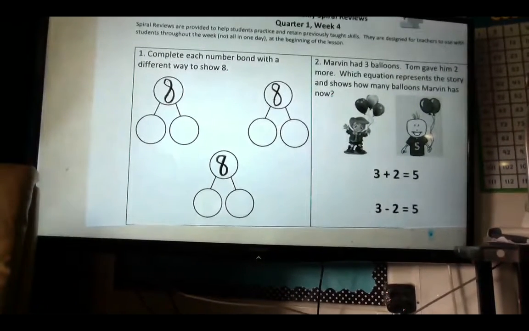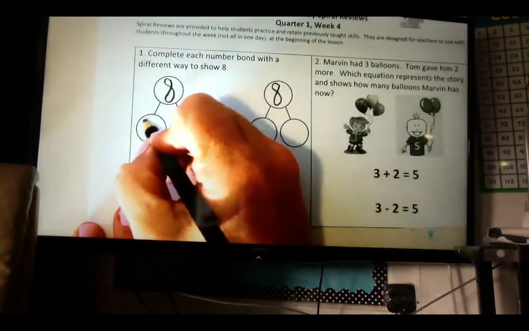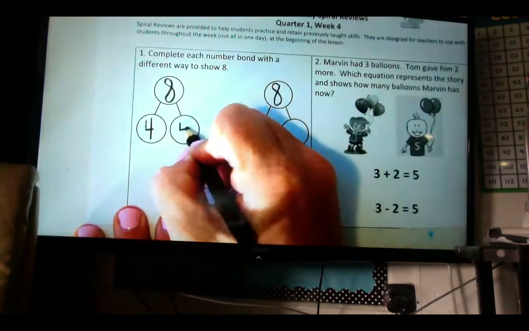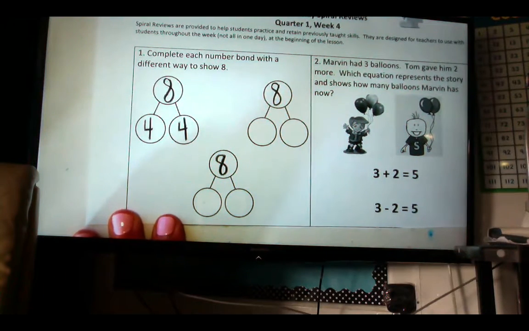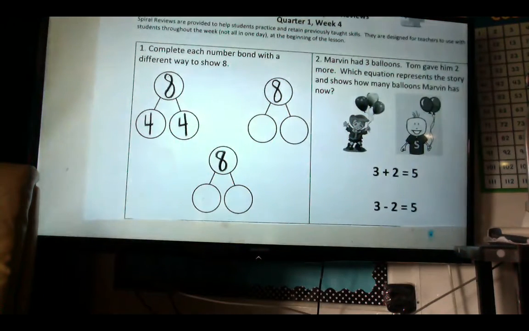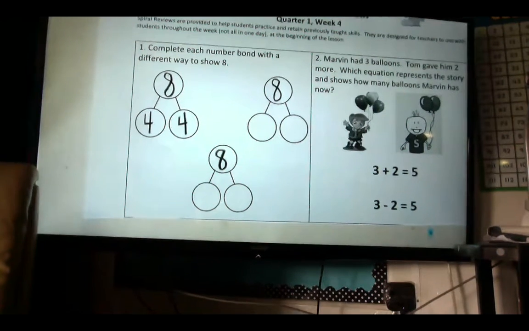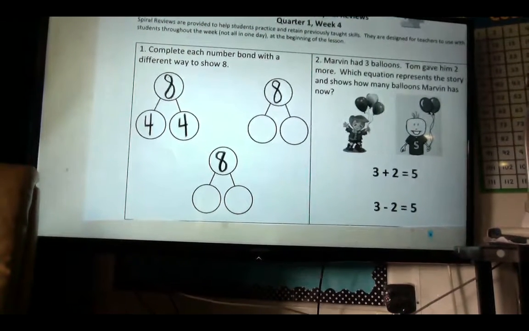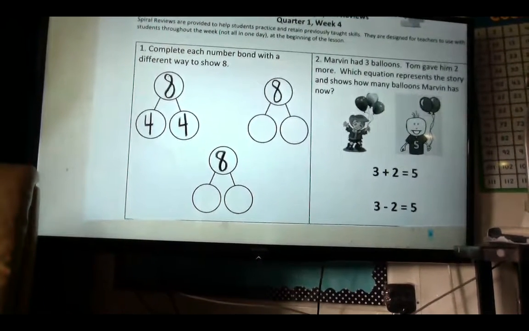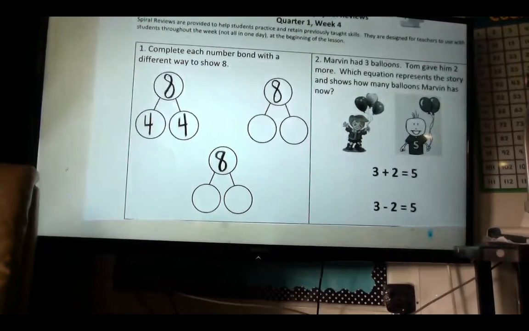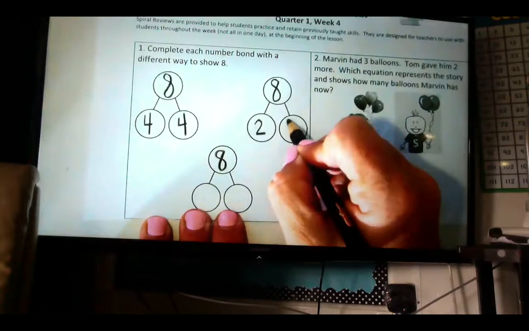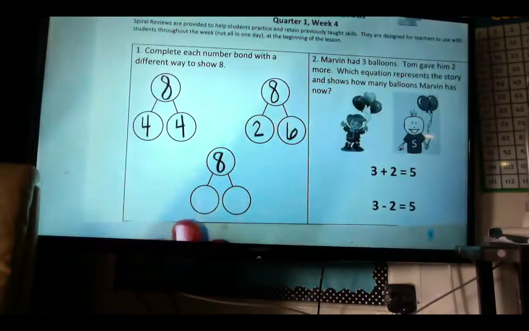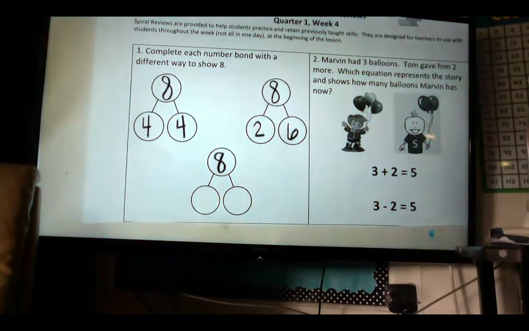So I'm going to put that in our first number bond. 4 and 4 more equal 8. Another way that I could show 8 is by 2 and 6 more. So if I put 2 and 6 together, I will get 8.